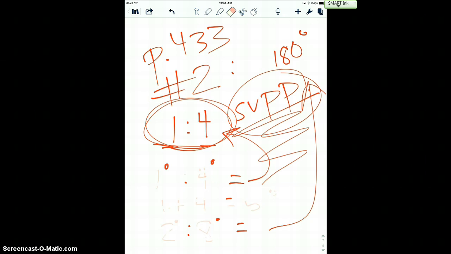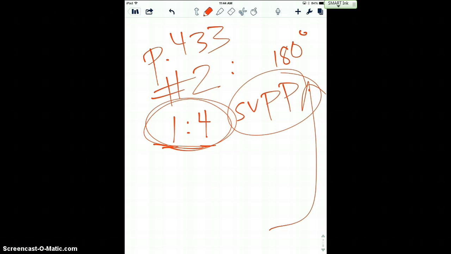So I can make use of my algebra-ness to figure this out by saying I'm going to take 1, multiply it by some number x, and add it to 4 multiplied by that same number, because remember, first I doubled them, then I tripled them. And I want to see that I get 180 degrees. So then I would go ahead and solve.